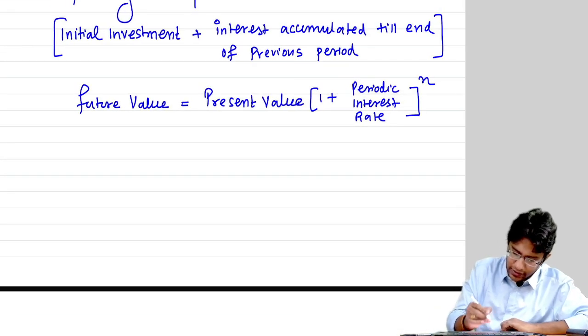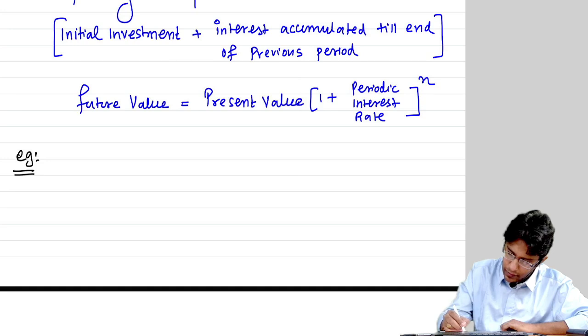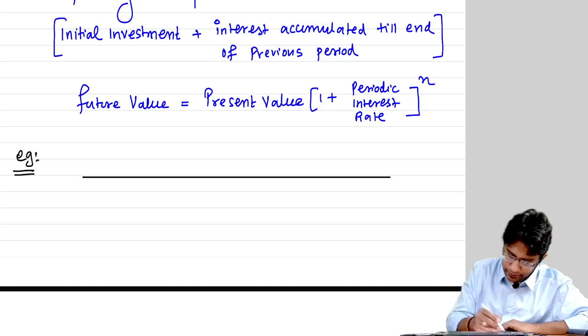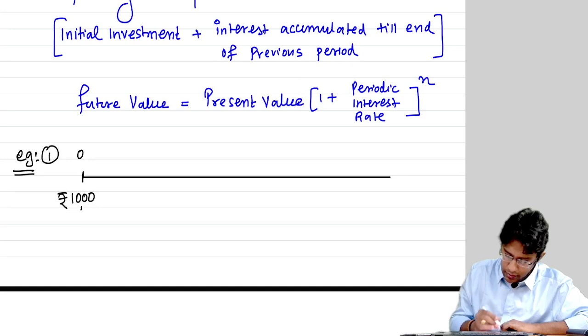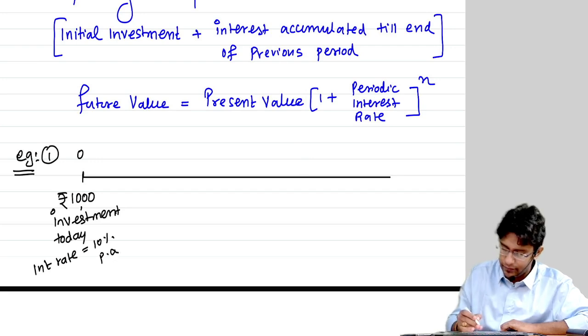Now, let's take a small example. ₹1,000 is your investment today. Interest rate is equal to 10% per annum.